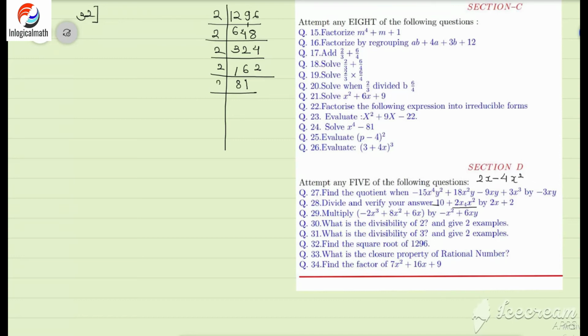So we will go for 3 because 8 plus 1 is 9. 3 twos are 6, 3 sevens are 21, 3 nines are 27, 3 threes are 9, 3 threes are 3, 3 ones are 1.